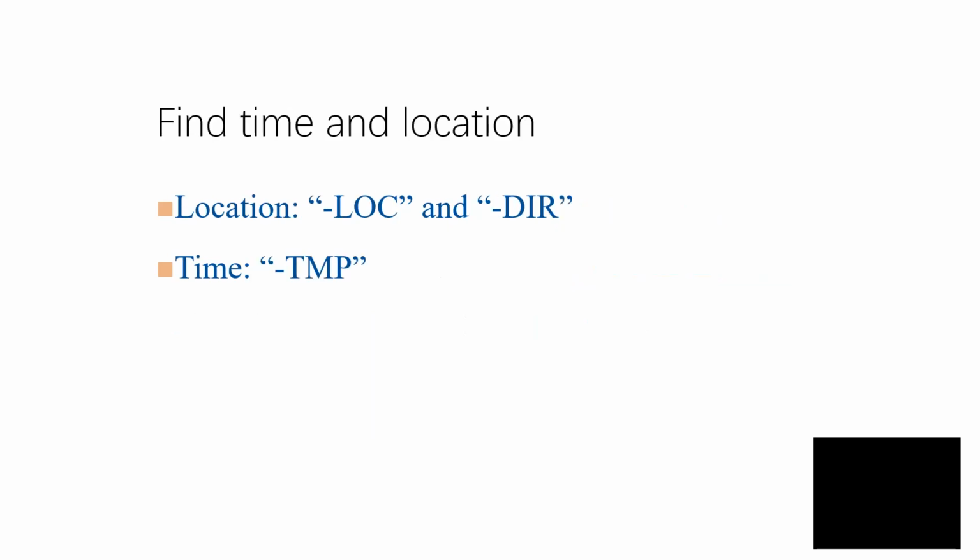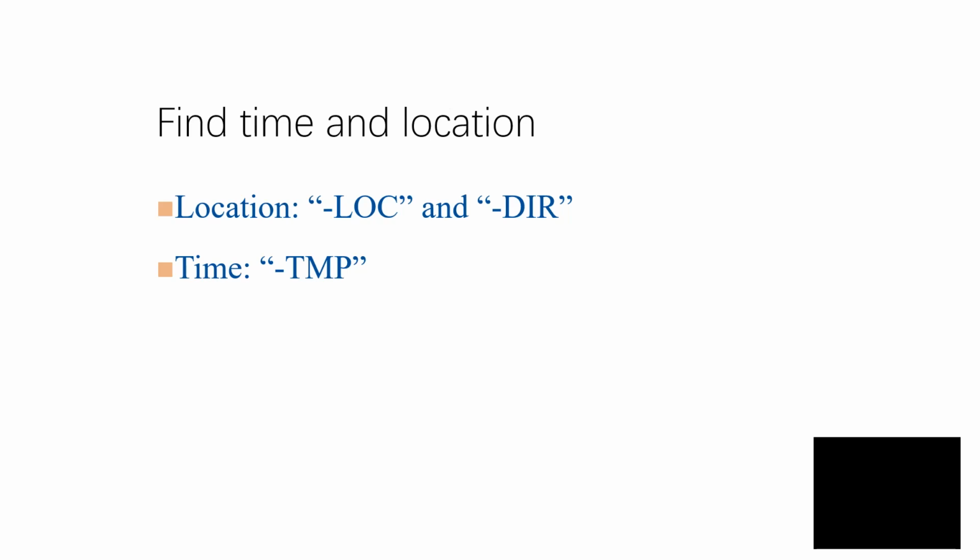So, the rule for us to find the time and location information in the sentence is that we want to find some tags in the PropBank. These tags mark the chunks that give us the time and location information. For example, we have a LOC tag.